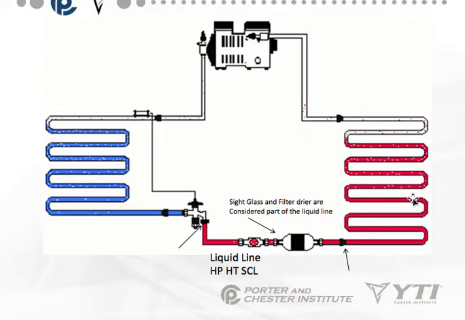Then we move out of the condenser into the liquid line. I have a high pressure, high temperature, subcooled liquid. Again, all we mean by subcooled liquid is that the temperature, the sensible heat of the liquid in this line before it gets to the TXV, is below the condensing point of the system.